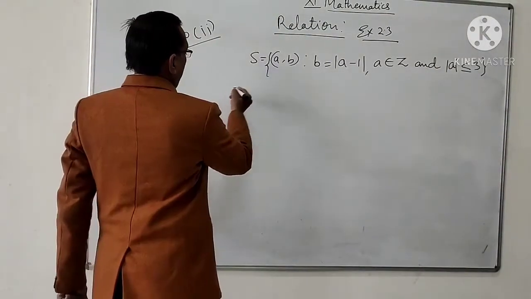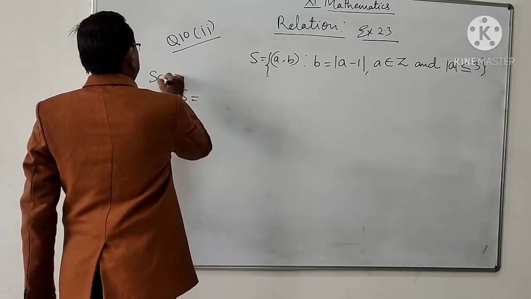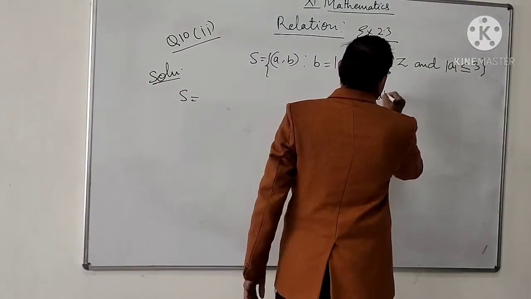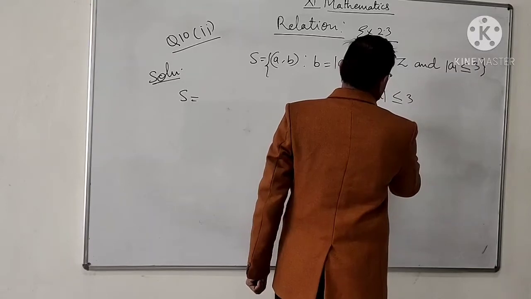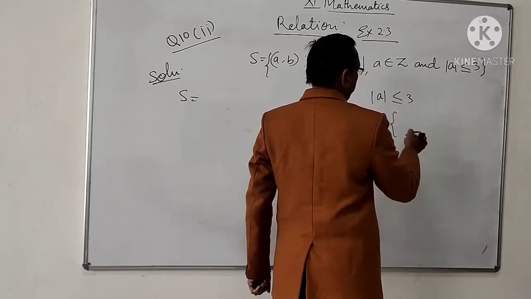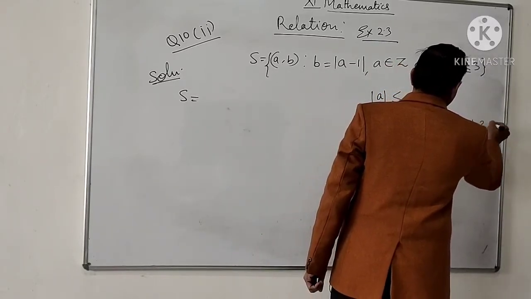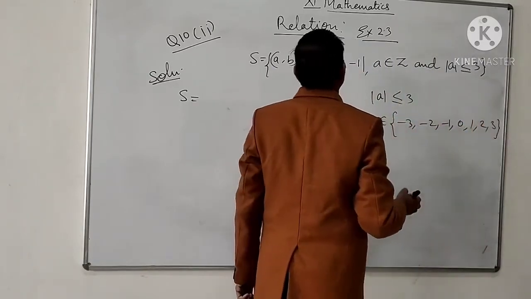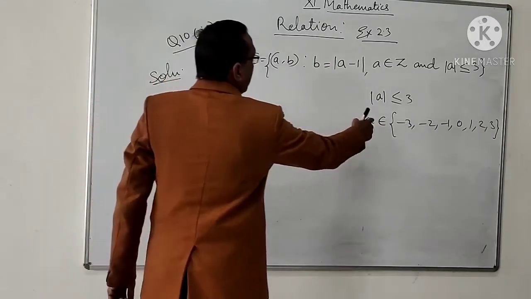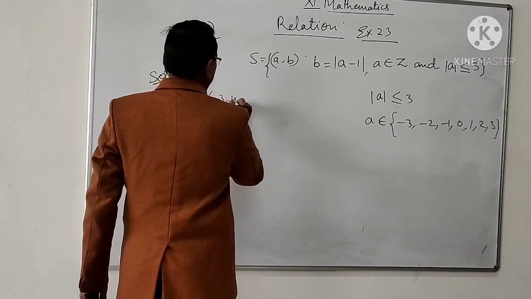First of all, we will frame the relation. When mod A is less than or equal to 3, A belongs to the set {-3, -2, -1, 0, 1, 2, 3}. Then S will be: when A is -3, B is 4, so (-3, 4).